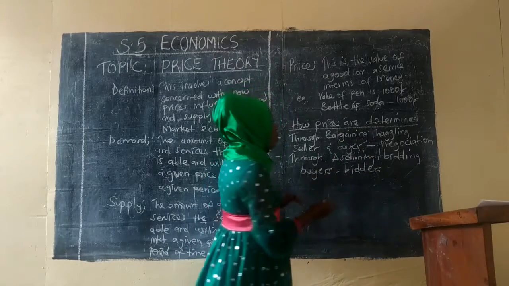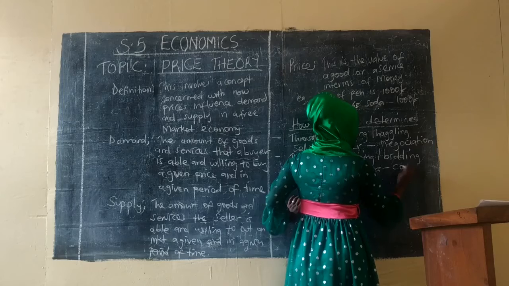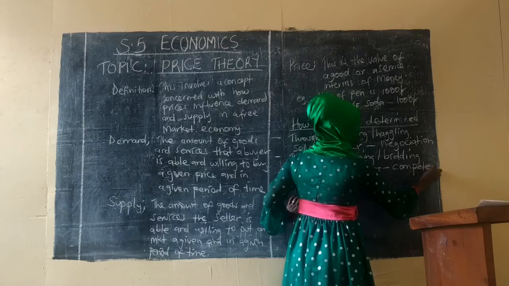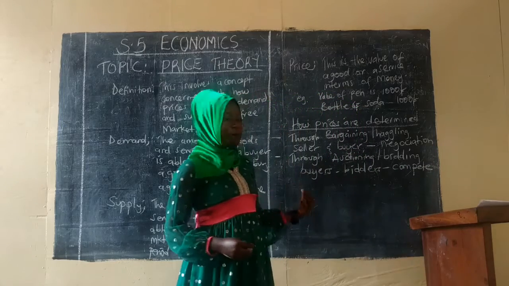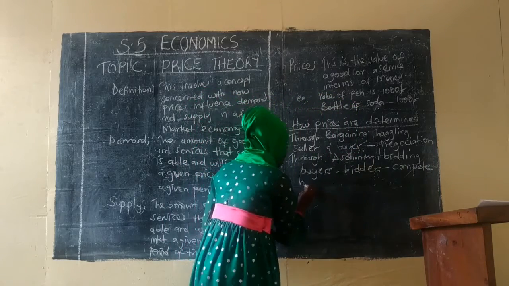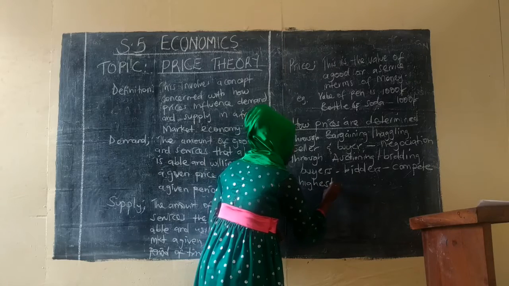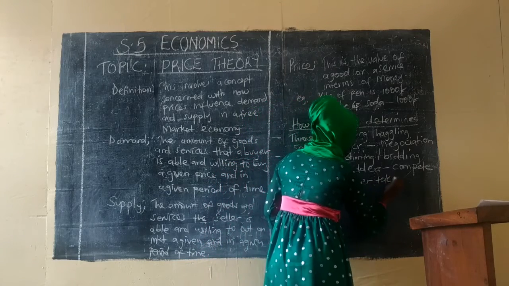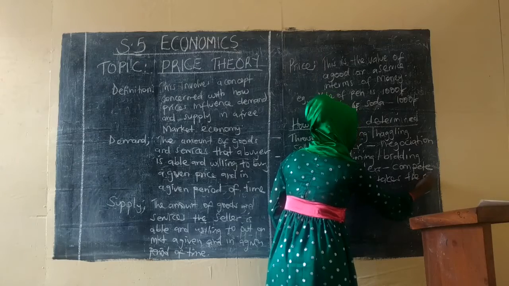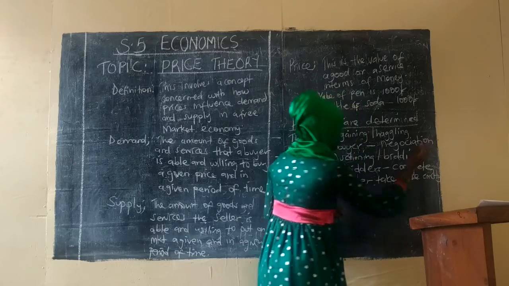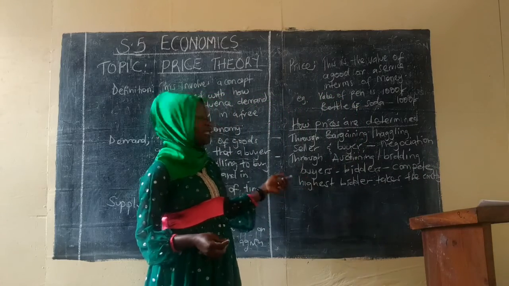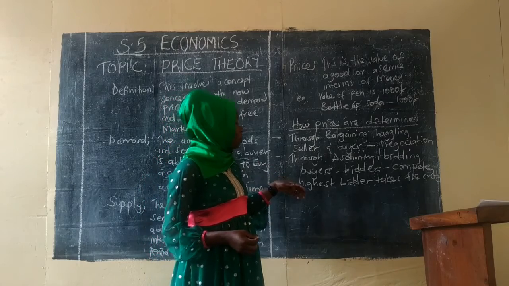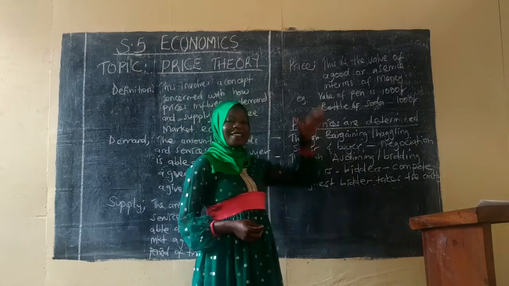The bidders compete for the commodity, and the highest bidder takes it. The highest bidder, of course, is the one who pays the highest amount of money.